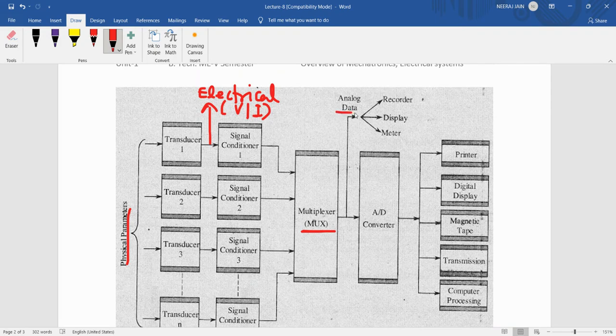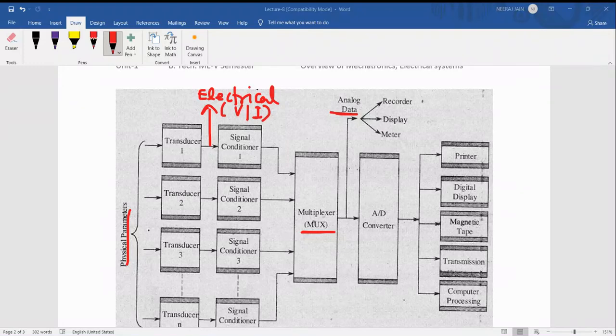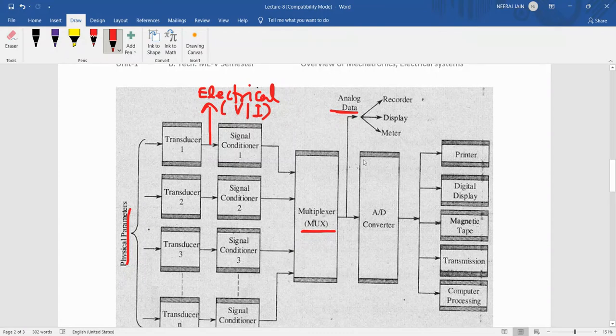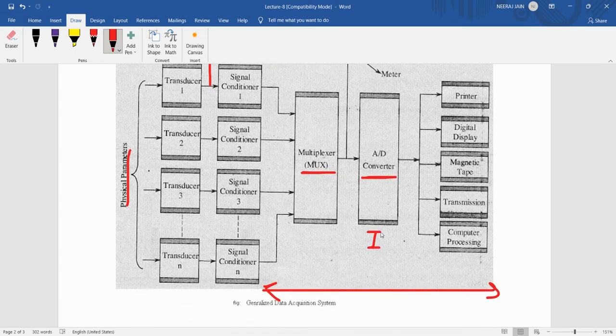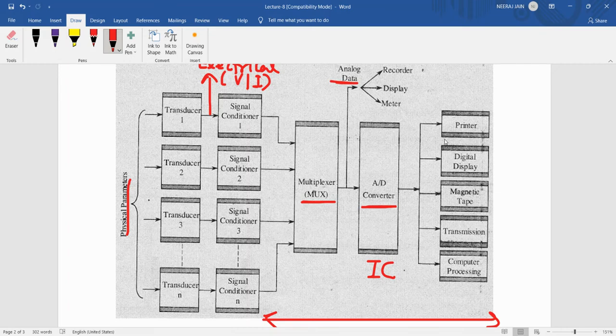Now the signal is still in analog form. If we want to monitor this signal on the computer, then a suitable A to D converter is used, in the form of an IC, that converts this analog signal into digital form.